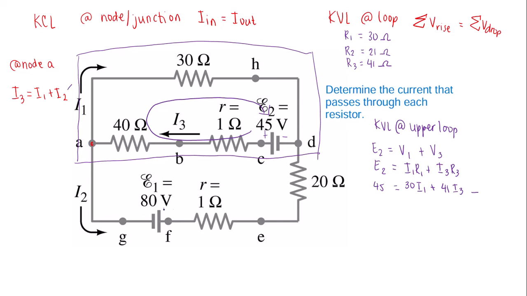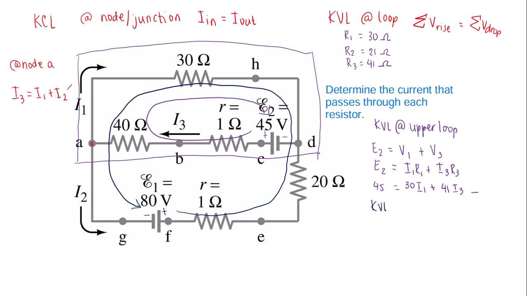Let's assume the loop is counterclockwise this time. We'll only be considering the sides. We're considering R2 and R1 only. We're trying to ignore the middle section.